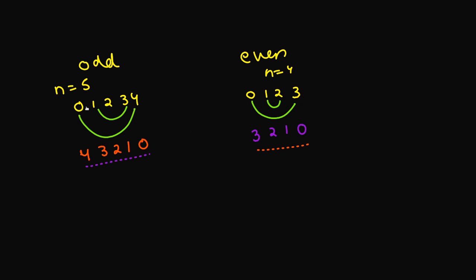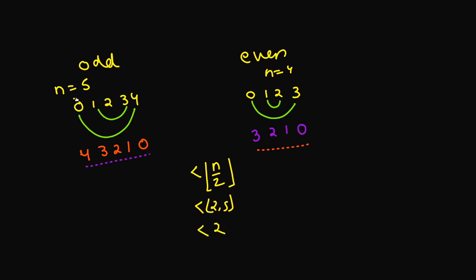So the trick here is to only iterate till the index which is less than n by 2, in fact the floor of n by 2. If you do integer division in your program, you'll automatically obtain the floor of n by 2. Since n is 5 here, you only iterate till less than 5 by 2, which is 2.5 floored, so less than 2.